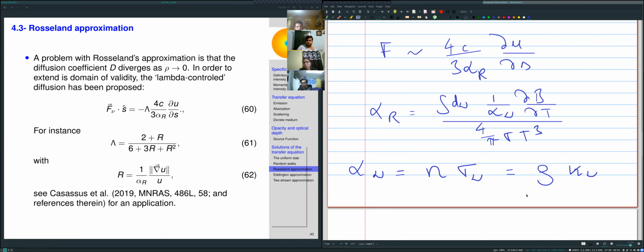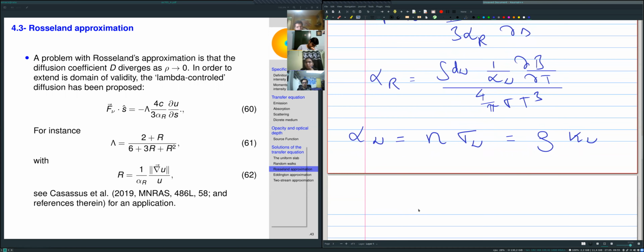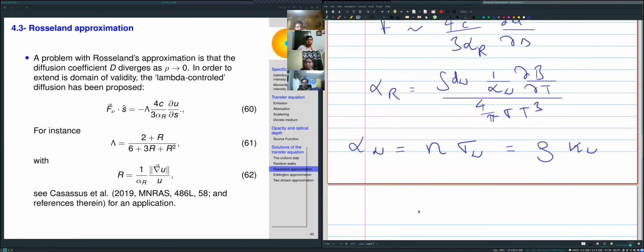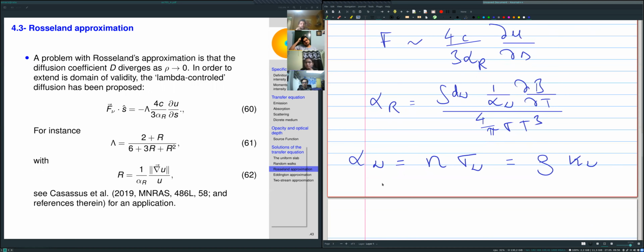So what happens if the density goes to 0? This is the definition of the reciprocal.